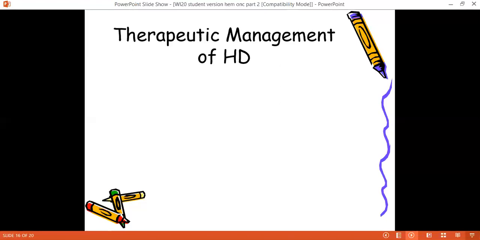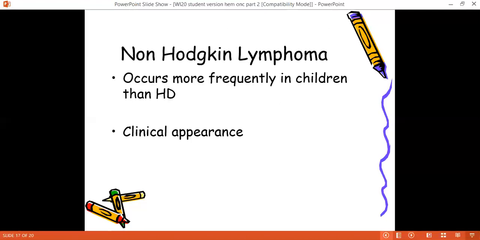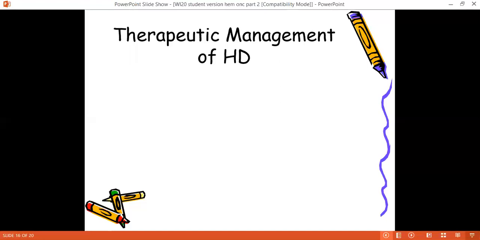Care management for our Hodgkin's disease patients would be prepping them for diagnostic procedures. So again, the radiologies, the blood work, and then obviously the biopsy.